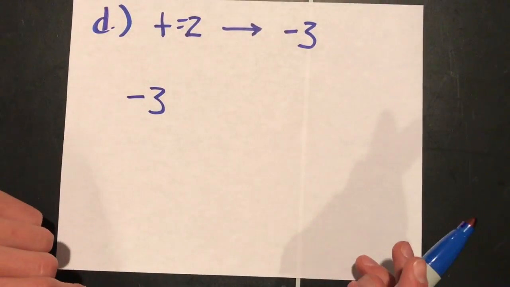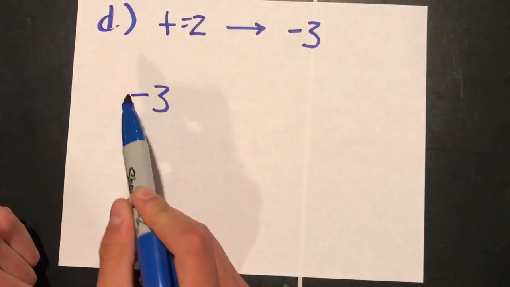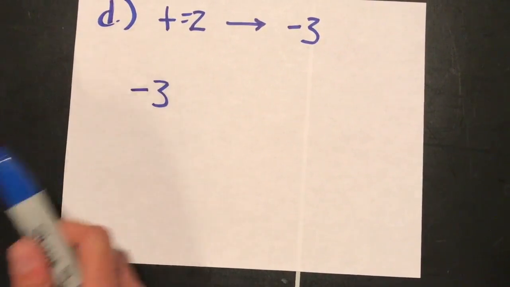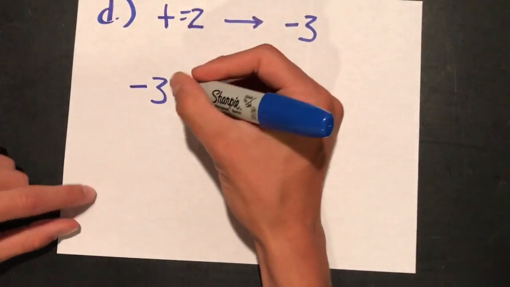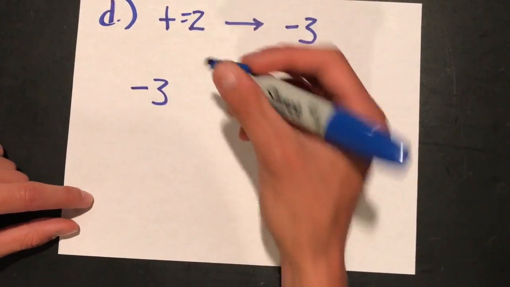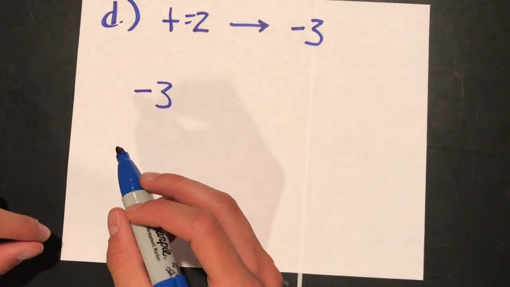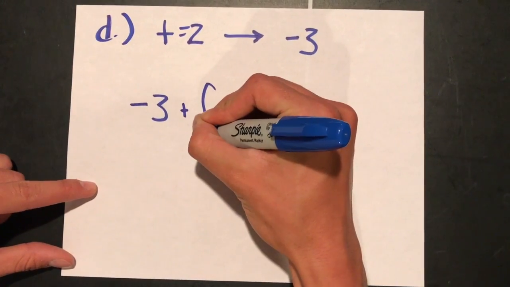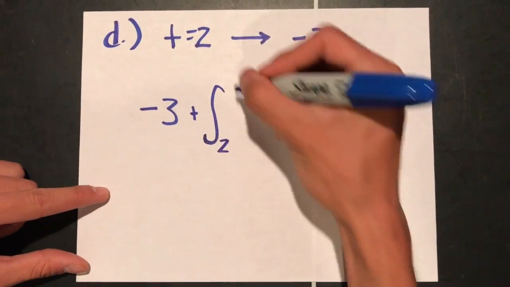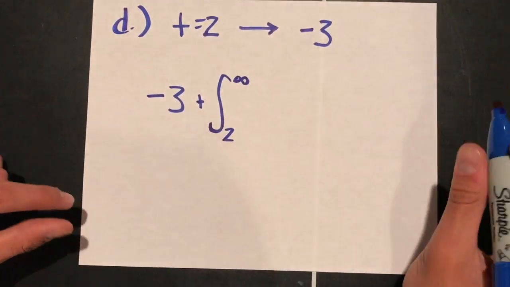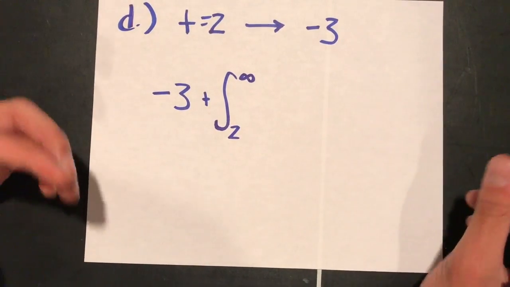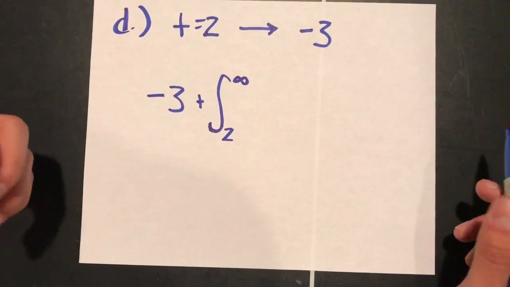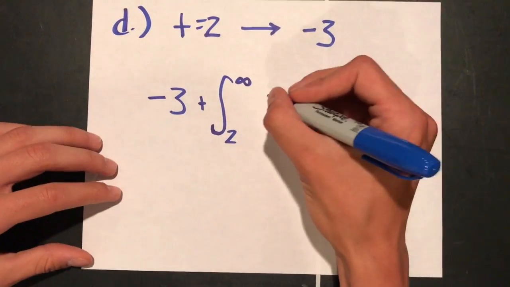The next part we have to consider is how much this value is changing over the interval from the point where it was taken to infinity. In this case, it's 2, and we're seeing how far it changes to infinity. That means our integral is going from 2 to infinity. We're looking for the total change, which means we should take the integral of the dy/dt function.